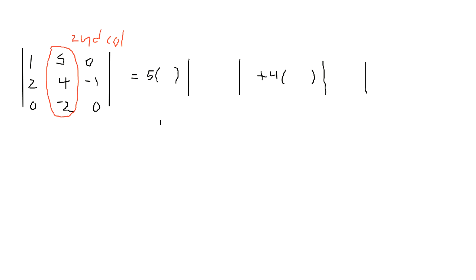And then we're going to have plus -2 times something times another 2 by 2 determinant. Okay, so the 5, hold on here.